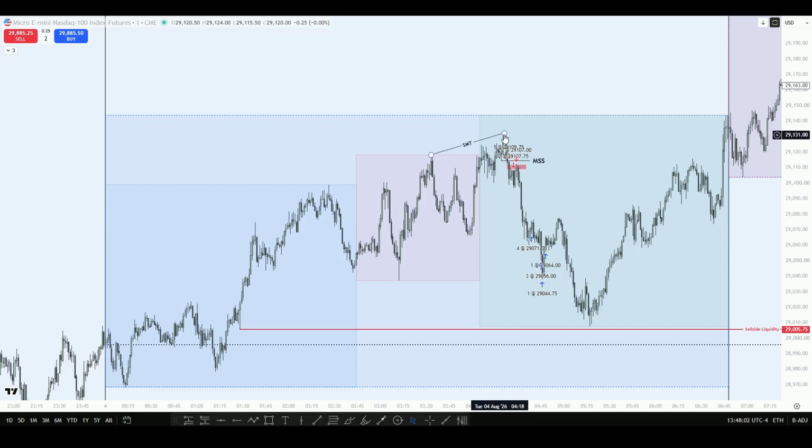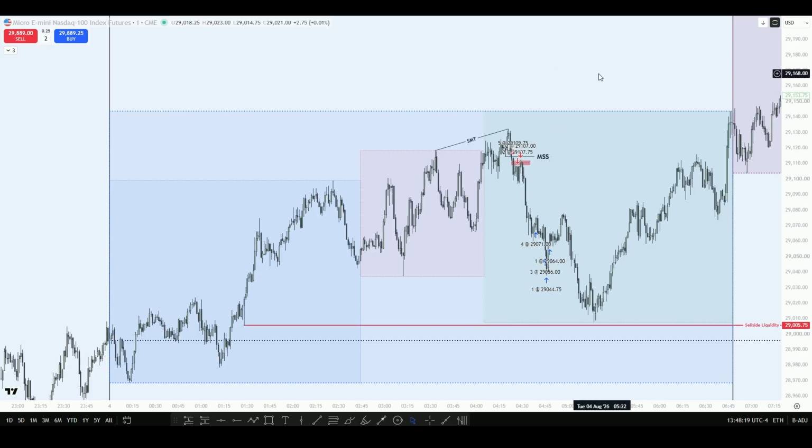That's why we want the SMT to occur between two separate cycles, so pay attention now. It has to happen between two separate cycles, so the time element should be there, and also price.